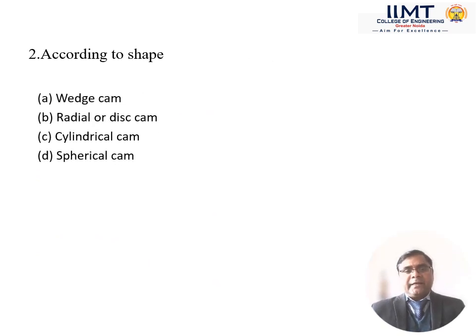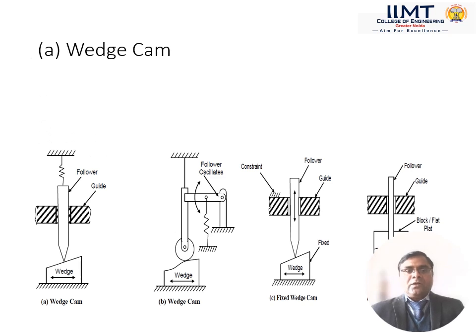Cams are also categorized according to their shape, and according to shape these are wedge cam, radial or disc cam, cylindrical cam, and spherical cam. A wedge cam basically has a cross section in the form of a wedge, and the desired motion is obtained by changing the follower arrangement.